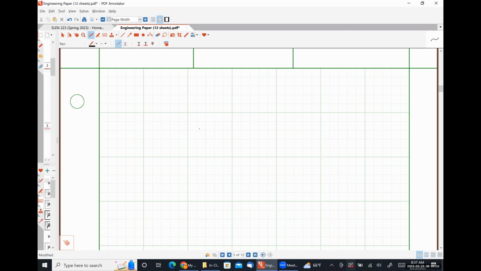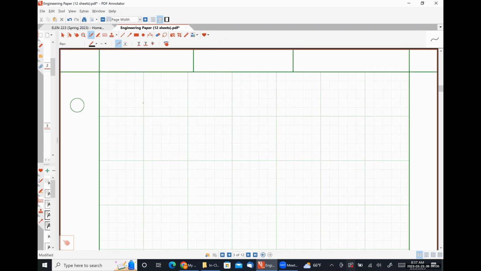So let's say that I have some voltage source VS here. And to make things slightly harder, I don't know what this voltage is.